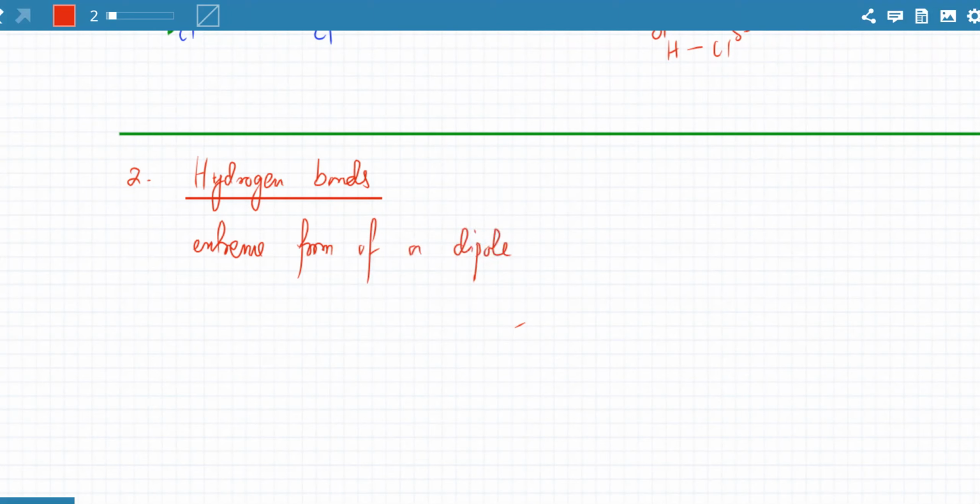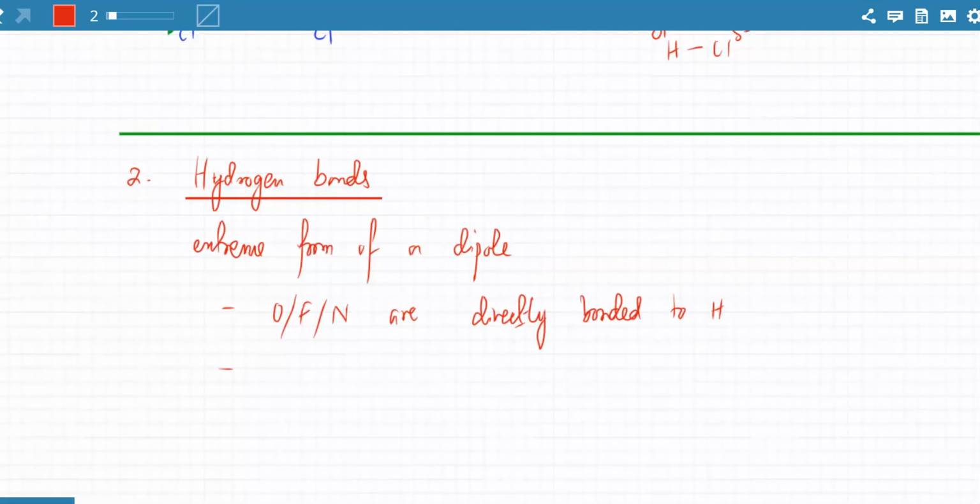So when is it formed? When O, F, or N, the most electronegative elements, are directly bonded to H. So in any molecule, if they're directly bonded to H, and lone pairs should be present. I'll explain both things.